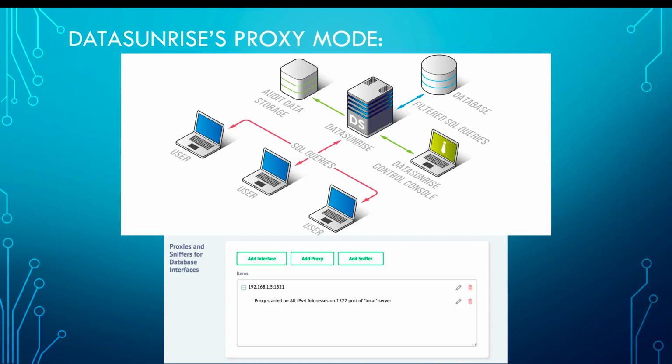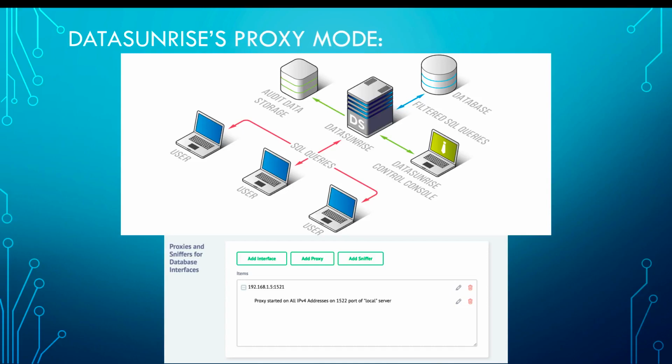This demonstration is built to show you how you can mask the data and how you can get your application to connect to the database through the DataSunrise proxy mode. And we will also be able to compare the difference between the original data and the masked data using the custom functions that we will choose ourselves.